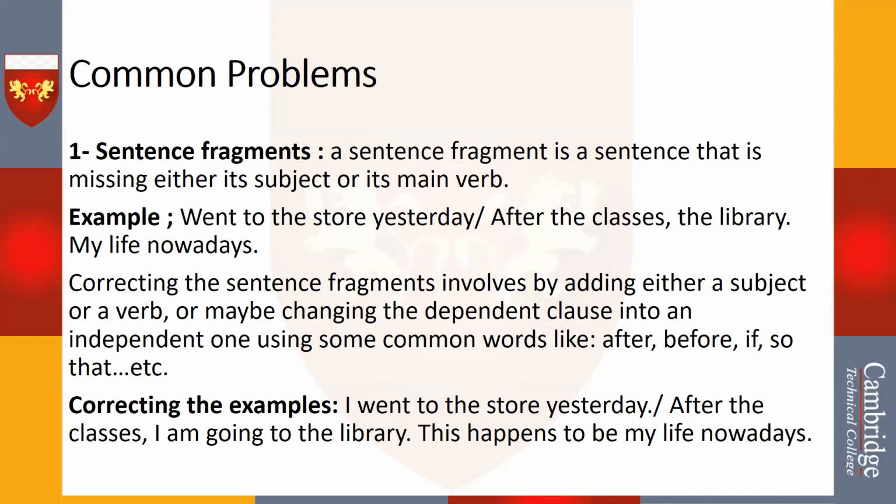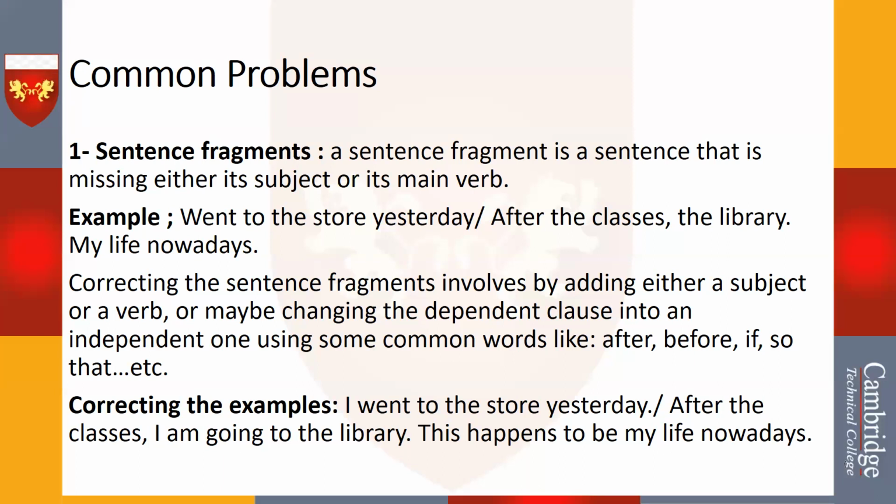Okay? Do you understand? Yes. Okay, good. For example, let's correct this example together. I went to the store yesterday. So instead of saying went to the store yesterday, we say I went to the store yesterday. So we add the subject I. Concerning the second example, after the classes, the library, my life nowadays, we are going to say after the classes, I am going to the library.